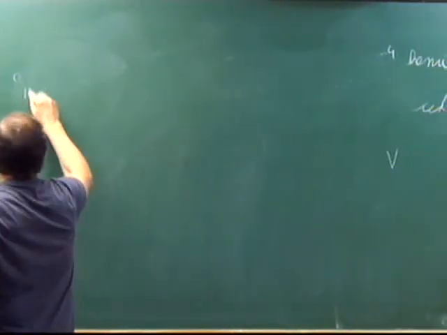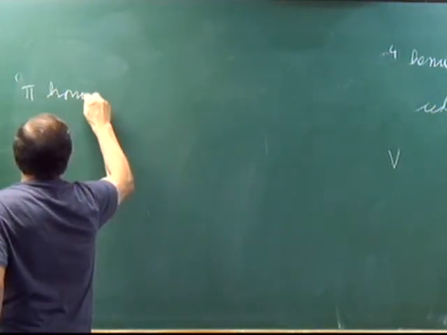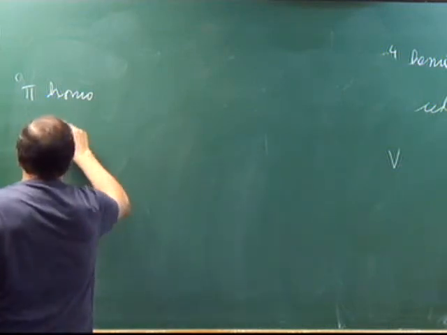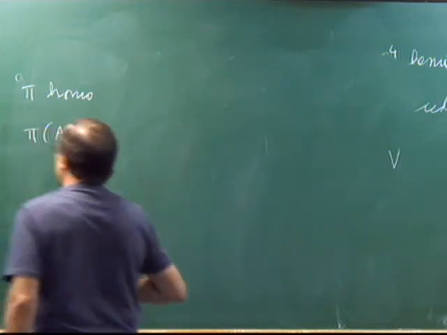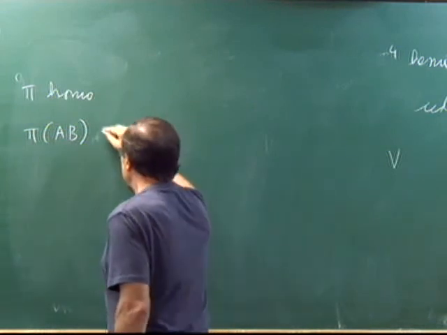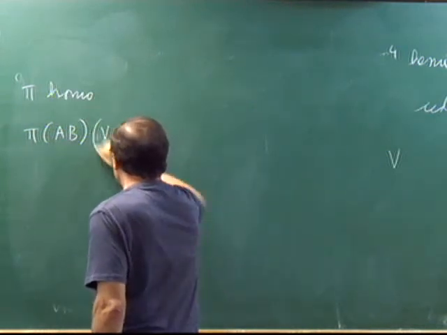Now I claim pi is a homomorphism. So I want to show it's a twofold cover, right? That's our goal, a twofold cover. First, you observe it's a homomorphism. If I take pi of the product, how was it defined on V wedge W?